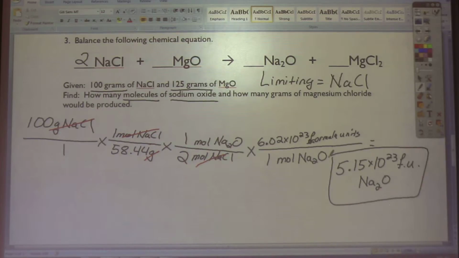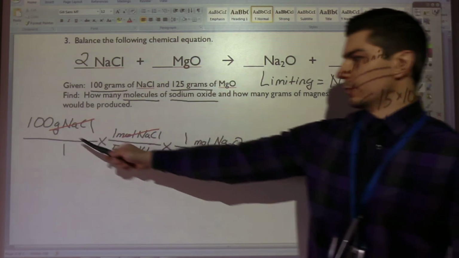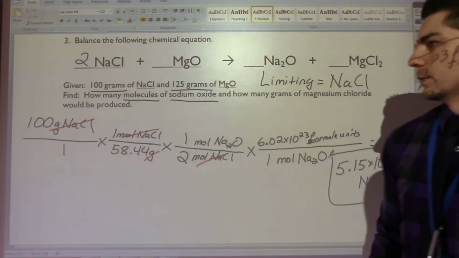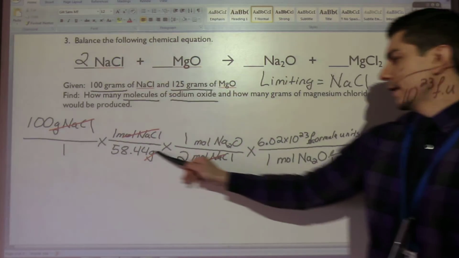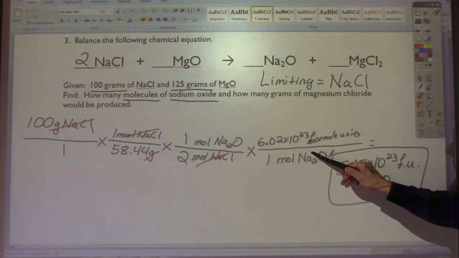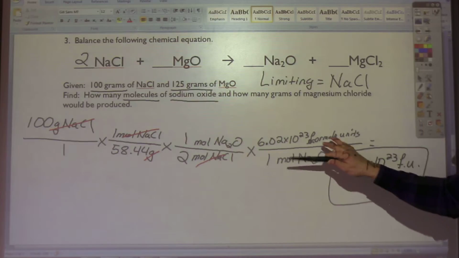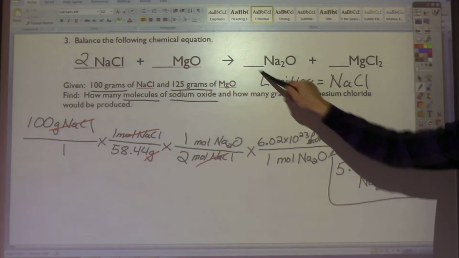Okay? So that's how you do the first part, where we are going from grams of our limiting reactant all the way to molecules, or formula units, whatever you want to use, of Na2O.